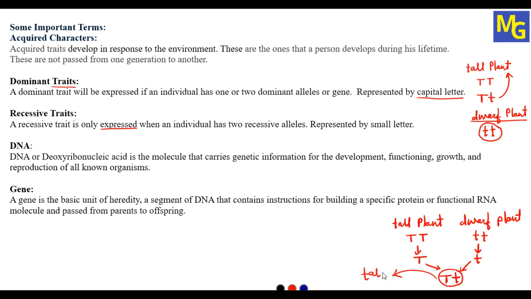So what is dominant? Dominant traits are the traits which are expressed. Recessive traits are the traits which are depressed in the presence of dominant traits. If both are small t, it will be expressed. But if any one gene is capital, then it will be depressed. So I hope you understood. In the case of human beings, we get the skin color from both father as well as mother.